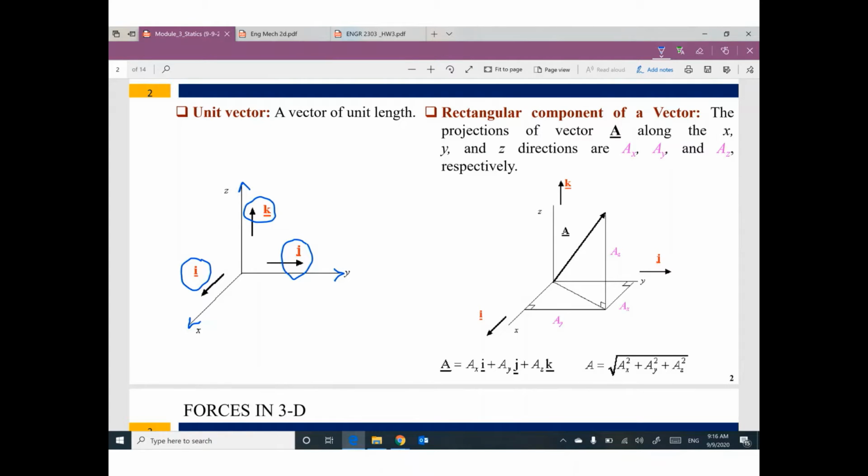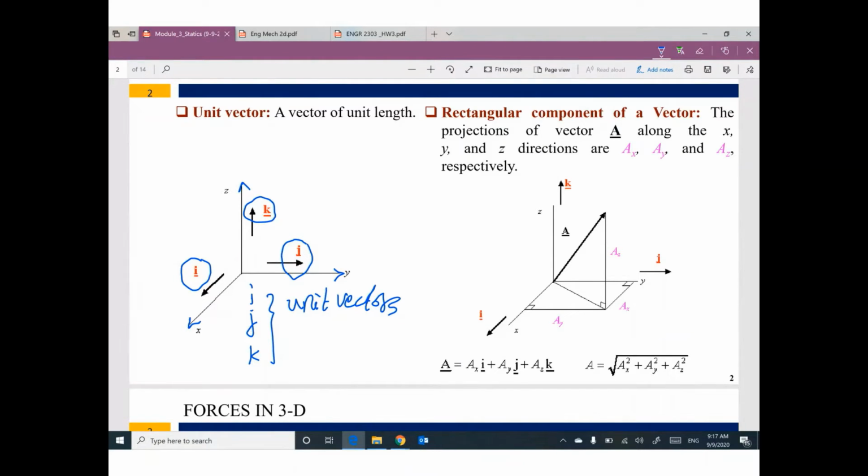So i, j, and k are called unit vectors: i in the X direction, j in the Y direction, k in the Z direction.